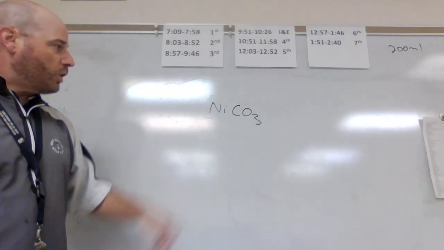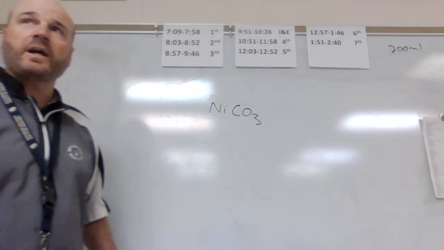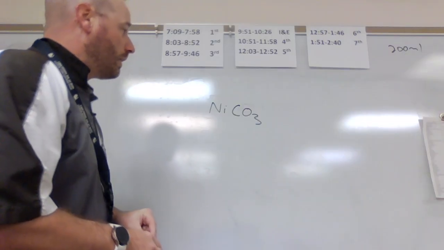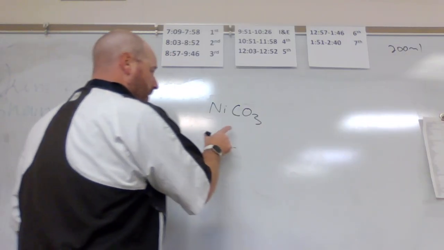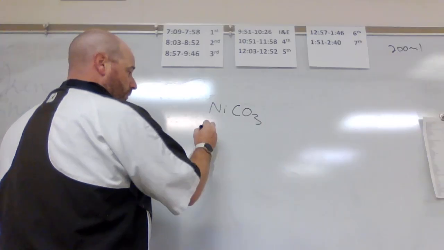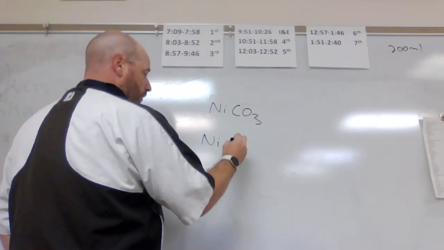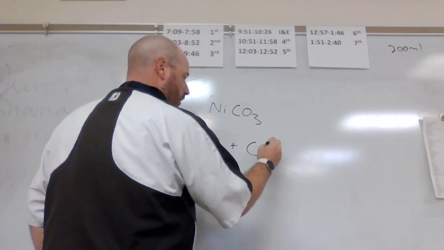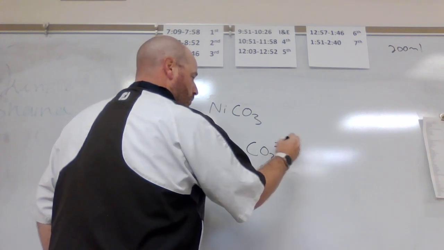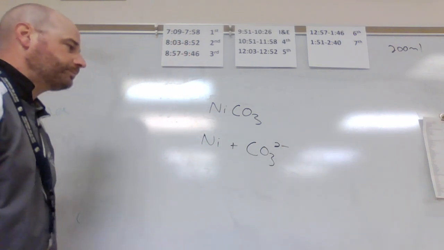Okay, so we have nickel being a transition metal, and we have carbonate. We've got to recognize that as carbonate. If we separate these two, then we have nickel over here, and we have to balance our carbonate, which has a 2 negative charge.